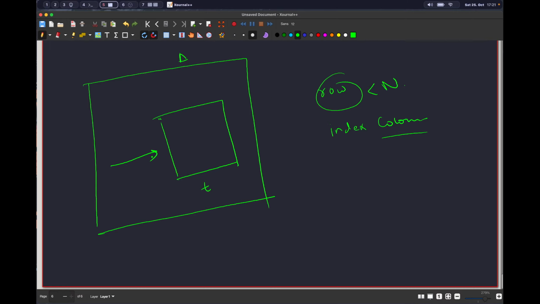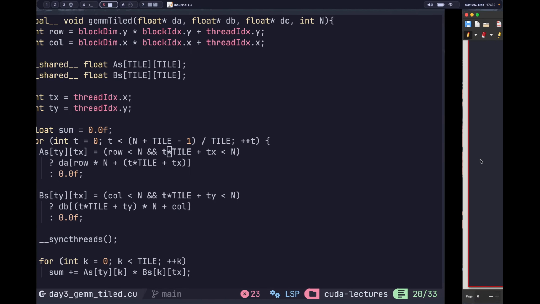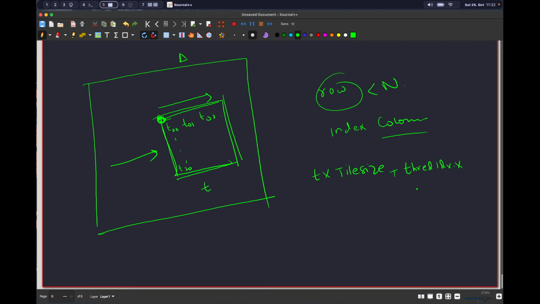Since we are sliding the tile left to right, the first element can be written as t times tile size, right? And after that, since block and tiles are of the same dimension, and in a particular tile there will be multiple threads t01, t02, and so on, and we are moving in this direction, we need to add threadIdx.x to get the appropriate column index.